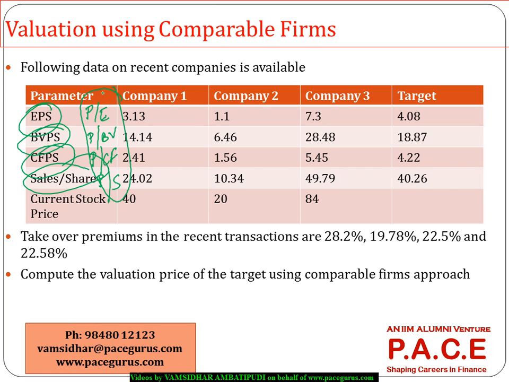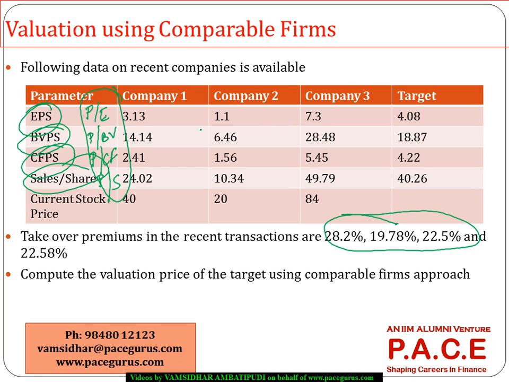So I will look at these kind of ratios for the companies which are comparable to the target, means competitors of the target, and based on that information I will arrive at one price, and also I will incorporate the premiums that have happened in the recent transactions, and based on that I will arrive at one single price for my target firm, right?